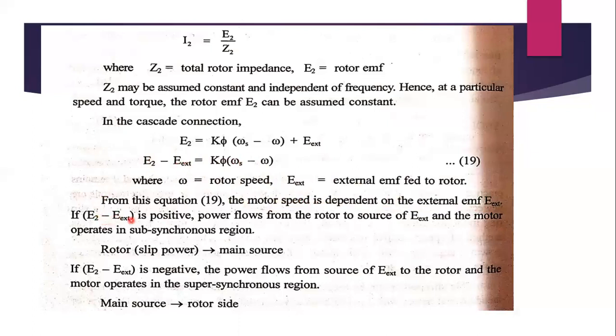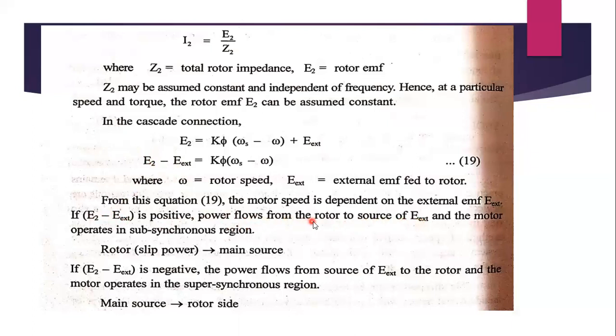If E2 minus Ext becomes positive, that means the rotor EMF is greater than the external EMF fed to the rotor. So what happens?